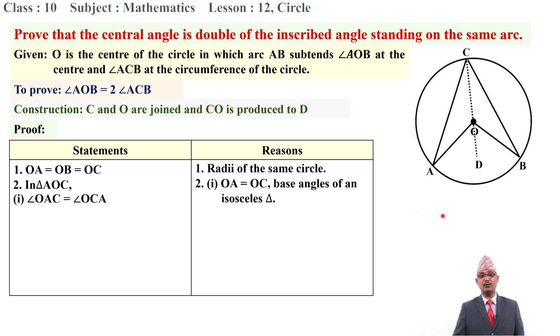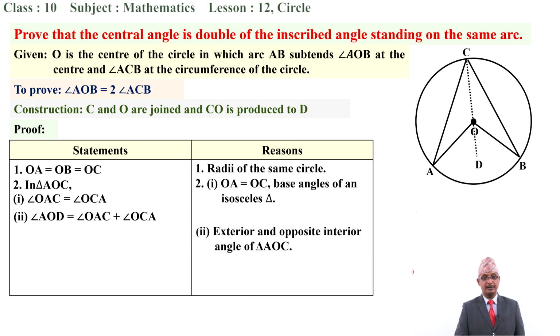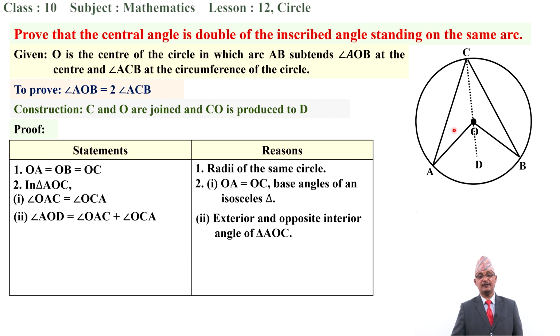So angle AOD equals angle OAC plus angle OCA. Why? Because the exterior angle equals the sum of the opposite two interior angles. AOD is the exterior angle and the opposite interior angles are angle OAC and OCA.